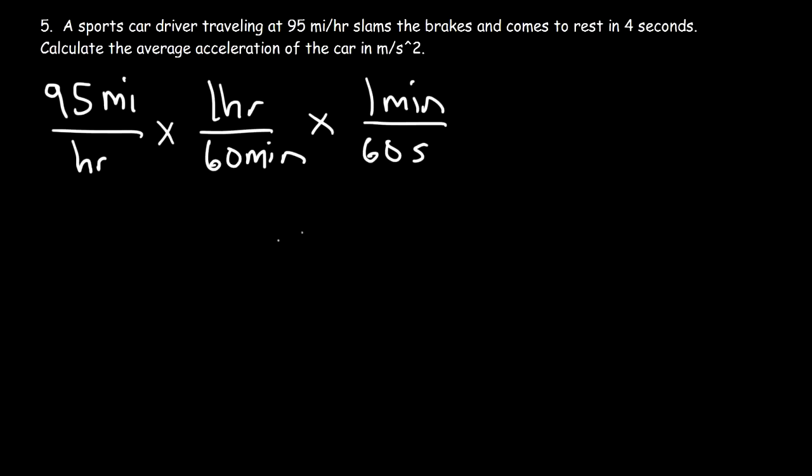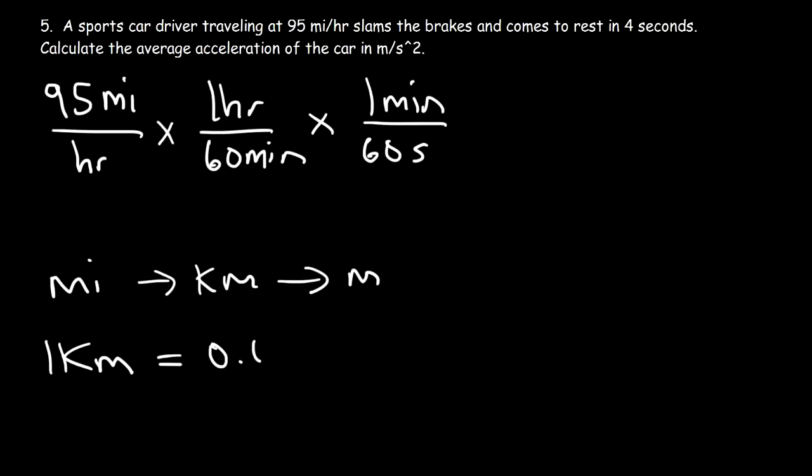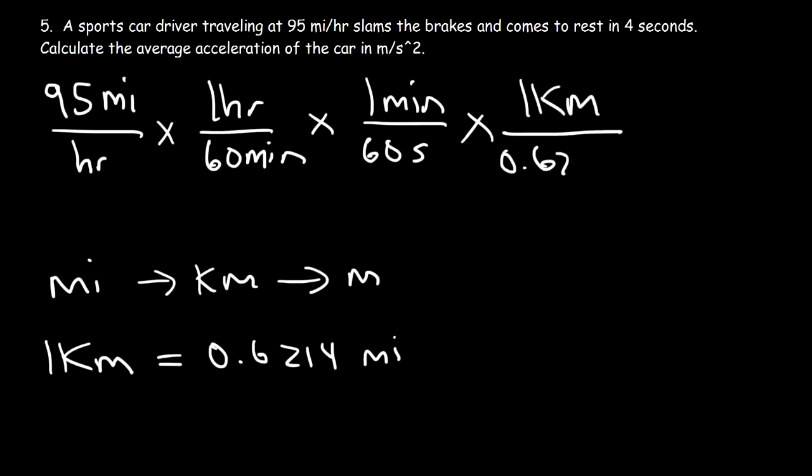One way we can do it is we can convert miles to kilometers and then kilometers to meters. So we need to know the conversion. If I recall, 1 kilometer is 0.6214 miles. And we know that 1 kilometer is also 1,000 meters.